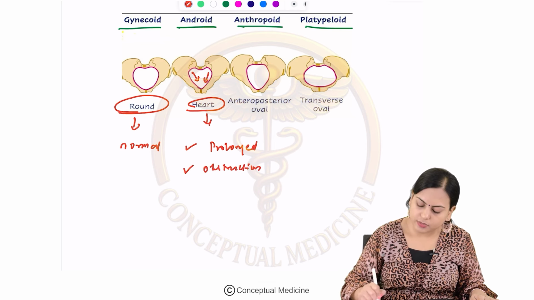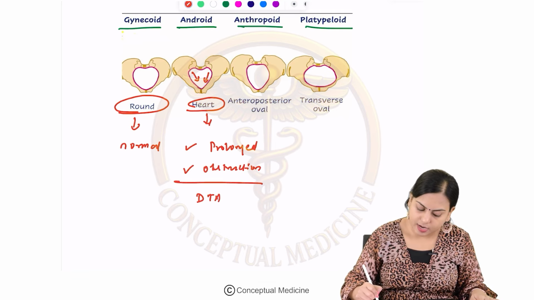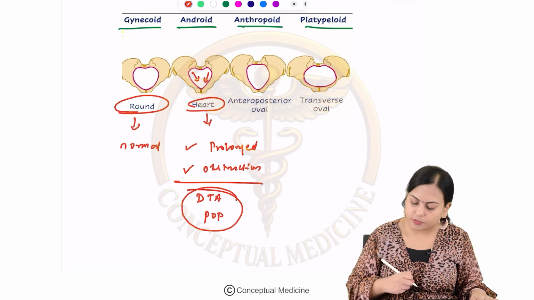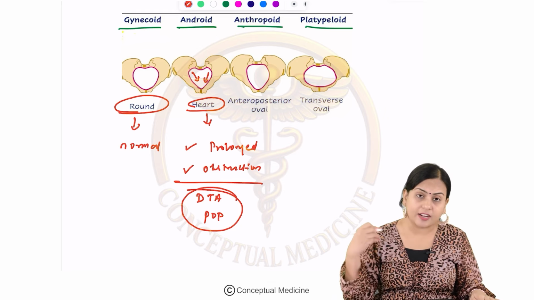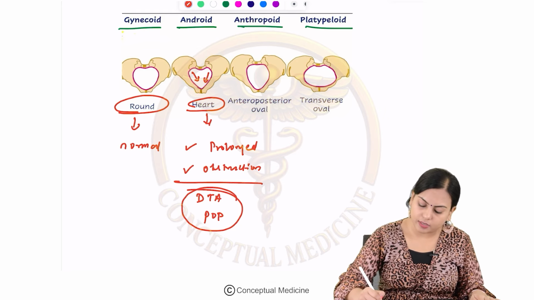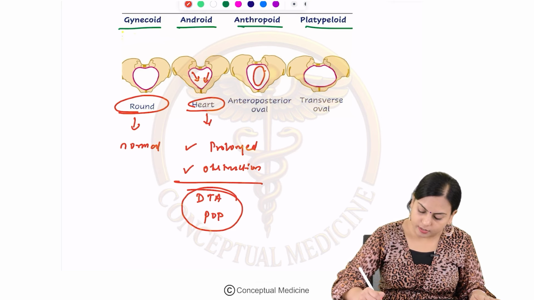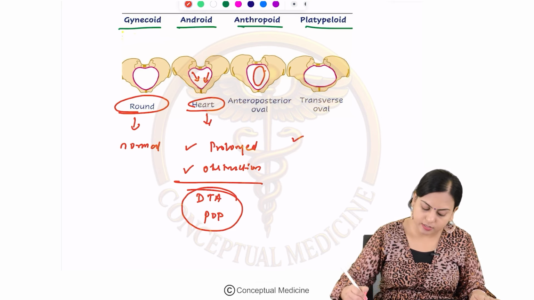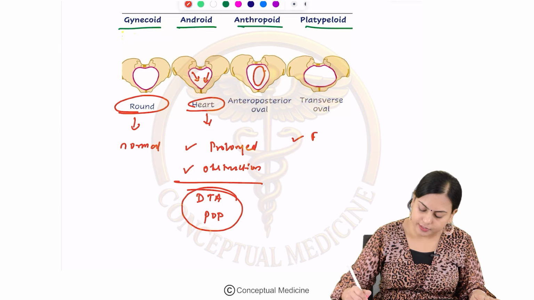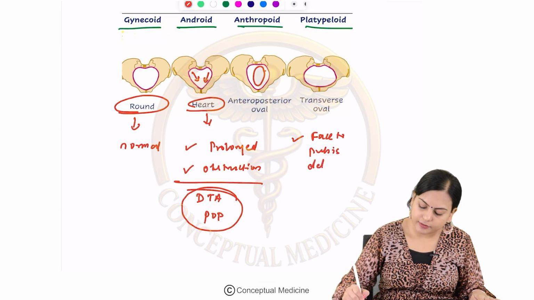Most of the times, deep transverse arrest and persistent occipito-posterior position are also associated with this, right? And then you have the anteroposteriorly oval anthropoid pelvis, okay. This pelvis is associated with face to pubis delivery, clear?